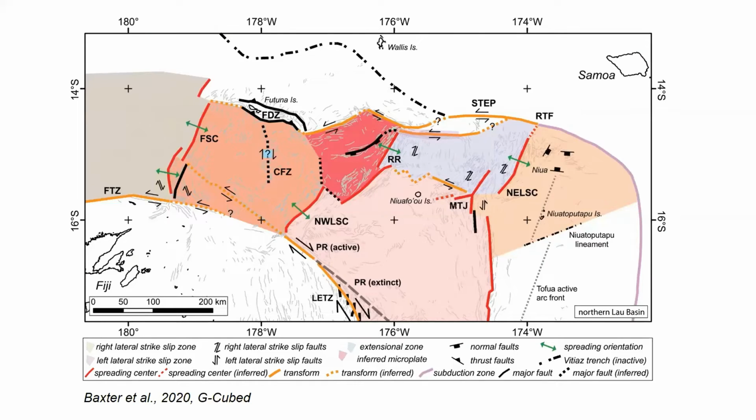The kinematics, this is just the same diagram with the plates colored in. The kinematics involve widespread microplate rotation and propagating rifts and accelerating and overlapping spreading centers and ridge jumps and fracture zones, and a really unbelievably complicated set of kinematic events. And this is a microplate factory.